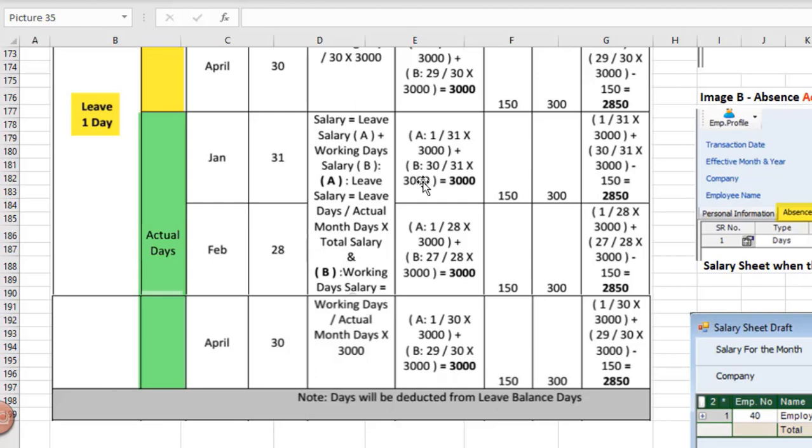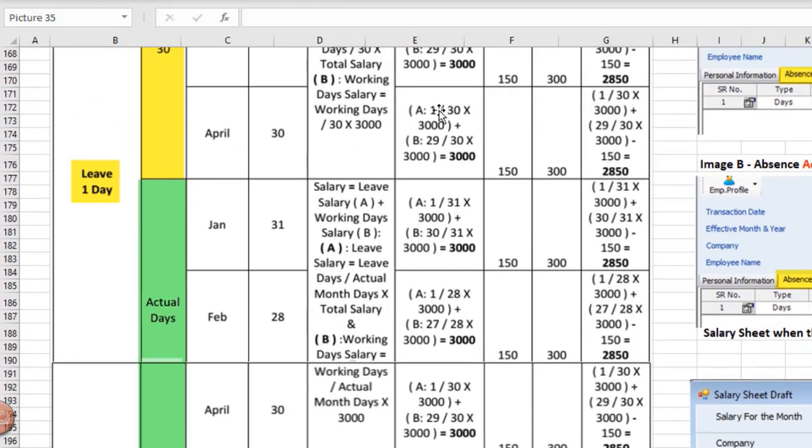It says here that 30 divided by 31, because how many actual days were considered as working days, reading from those 31 days, basically it's 30 days, divided by the total number of days in the month, which is 31 days, and then multiplied by the total salary. So actually part B is exactly like part B here, but the difference is that it's not 30 anymore.